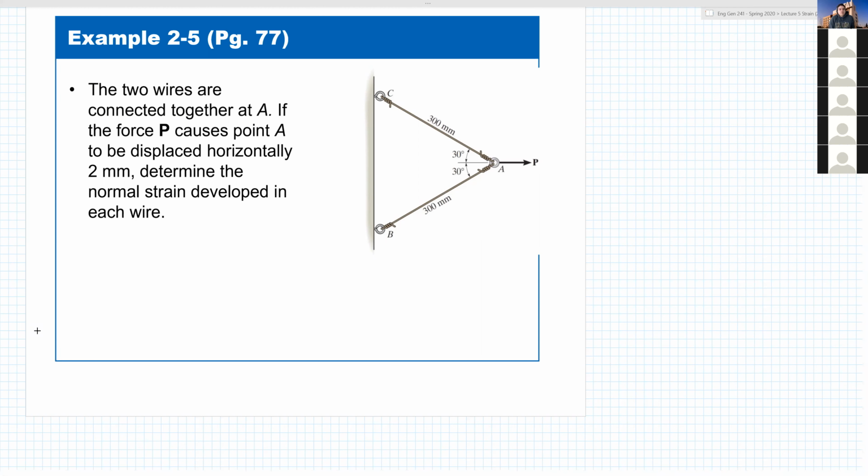We'll finish up this problem and see how far we get with the next one. And then we'll continue with the next chapter on Monday. Okay? We're all good? We're all here?